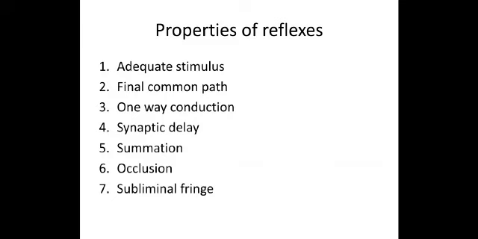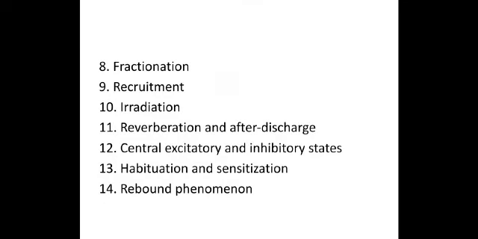It has to be precise, act on the alpha motor neuron, and there can be a delay in the traversing of the spinal cord by the impulse. And what is summation? When two neurons are stimulated together, there is a greater response. But in occlusion, due to the overlapping or central sharing, there is decreased response. And fractionation is when a muscle is stimulated, same as.